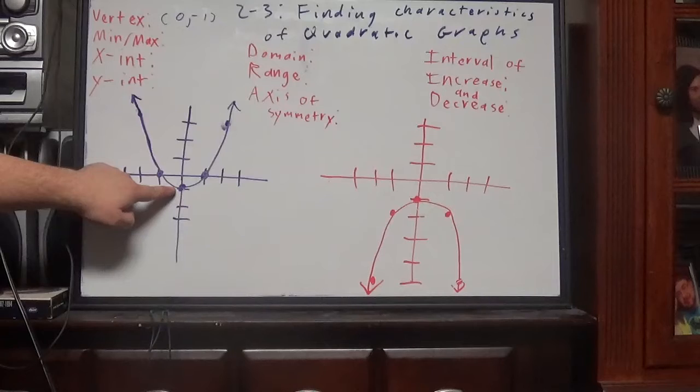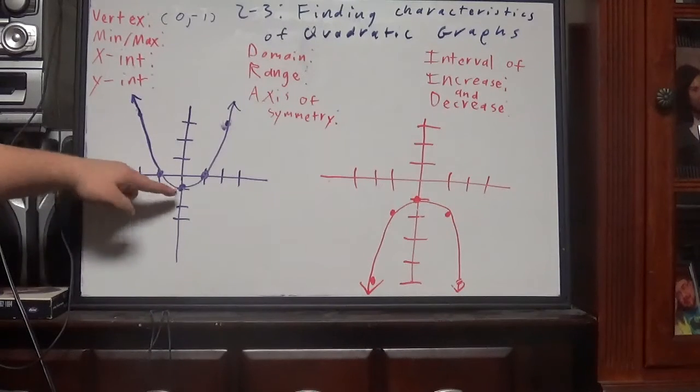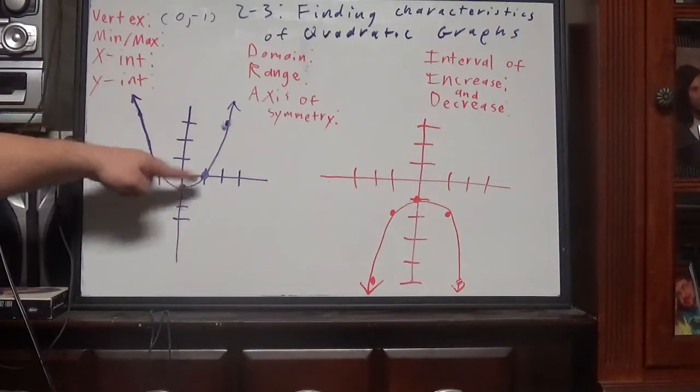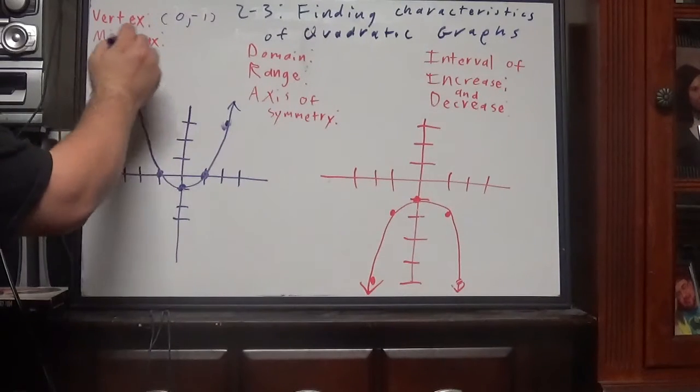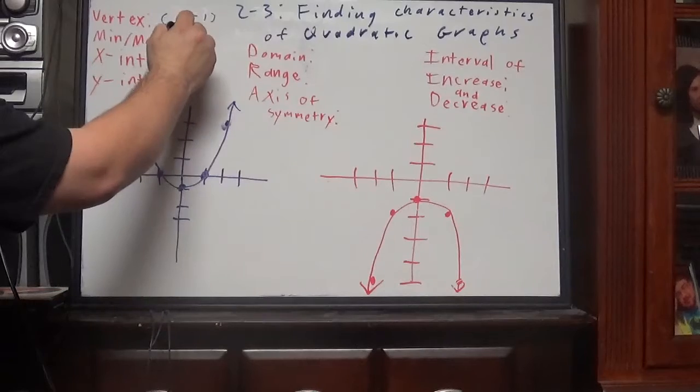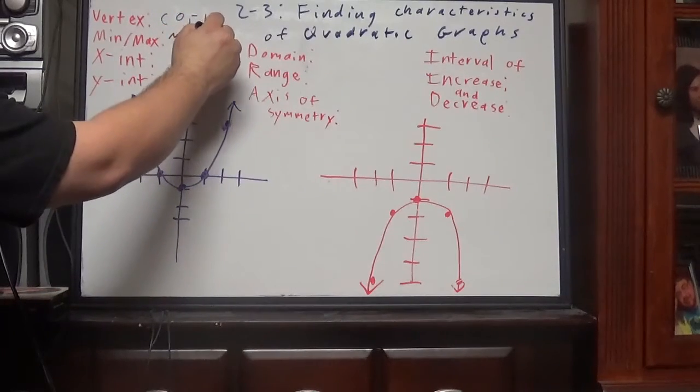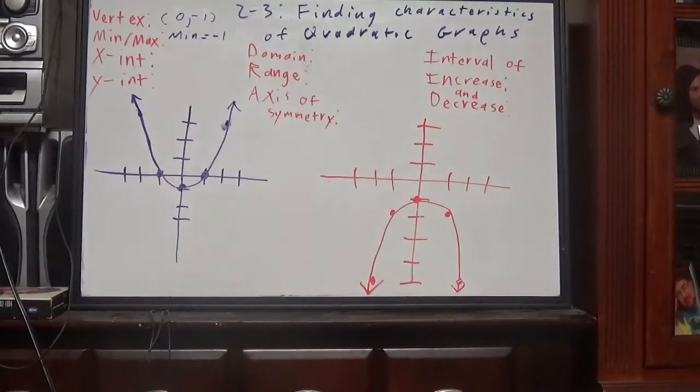Notice at -1, there's nothing below that that's part of this graph. So the minimum in this case is -1. And of course there is no maximum because these arrows mean that it goes up to infinity.